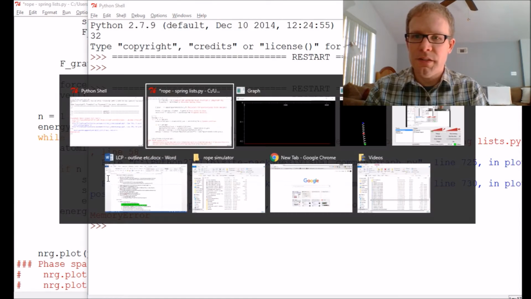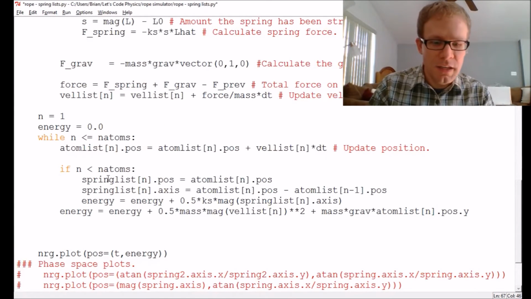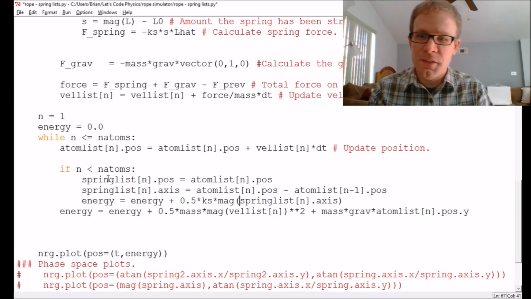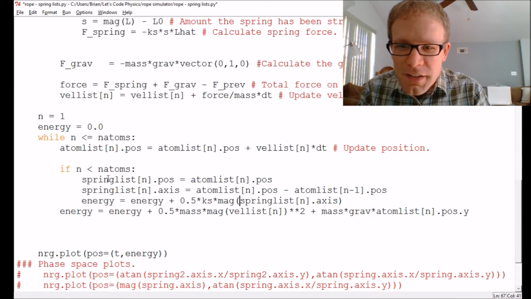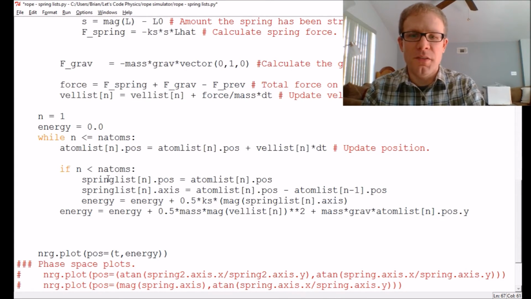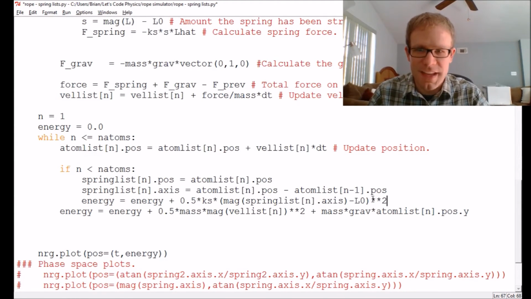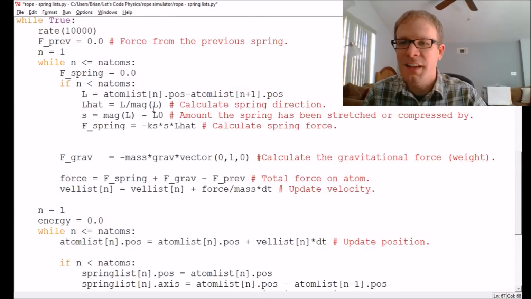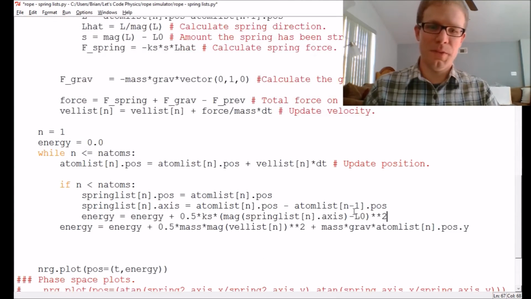I don't know what I just hit. I thought I was hitting Control left. So I probably hit Alt or something. So actually what I want is, because that needs to be magnitude of that minus L0 quantity squared. So I have 1/2 k, and this is s squared. This is the same thing that this calculation was up here. Cool.